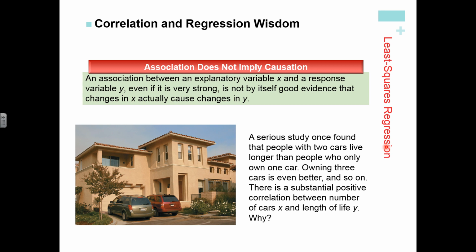It's not saying that. Basically, all it's saying is that there's a relationship here, which makes sense because if you live longer, you probably had the need to have more cars, because maybe your cars went bad faster or whatever the case is. But it's not saying that the fact that you had more cars caused you to live longer. Alright, so you don't want to mix that up. You don't want to assume that just because there's a relationship, one caused the other. Alright, that's it.